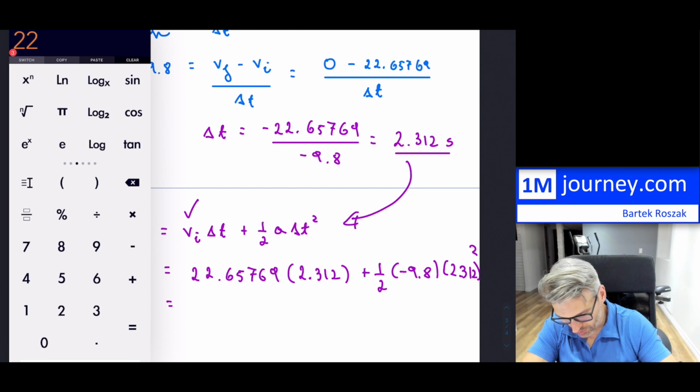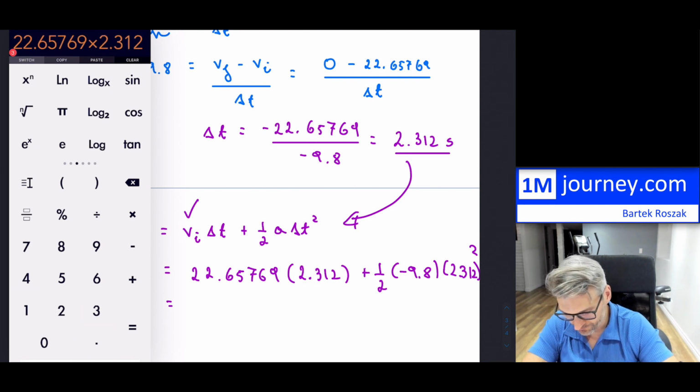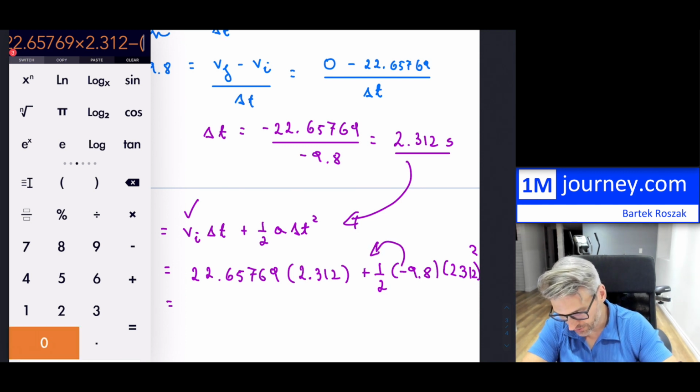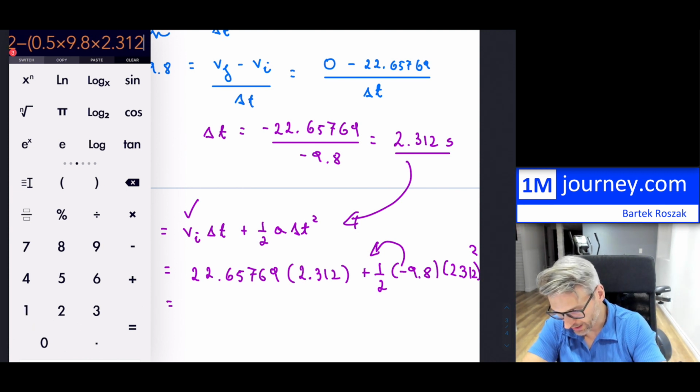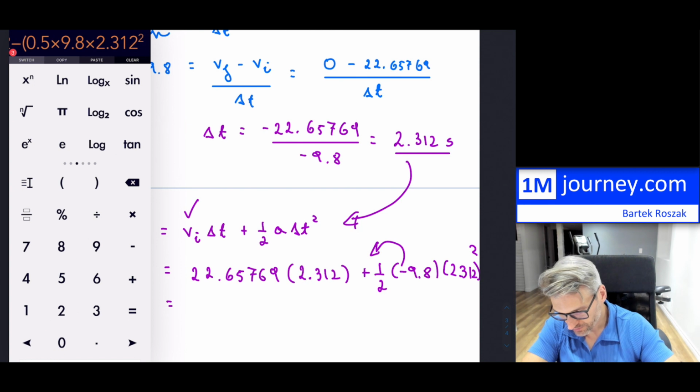So let's plug all of this back in here. 22.65769 multiplied by the time, 2.312. Then it's going to be minus, and that minus comes out to the front right here. And I have a half, which is 0.5, multiplied by 9.8, and then multiplied by 2.312 squared.